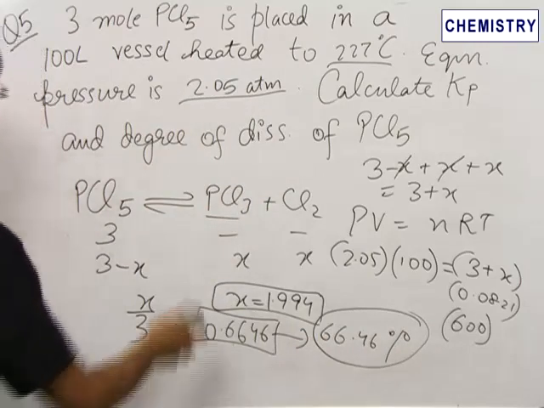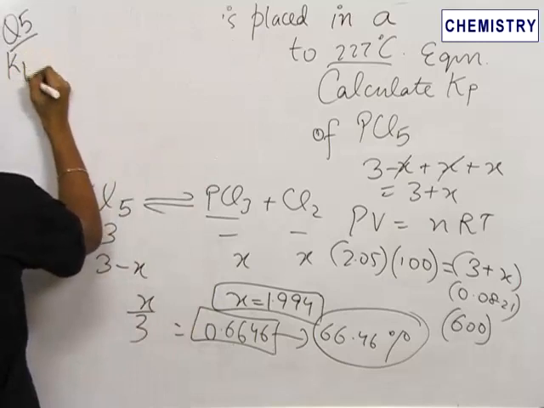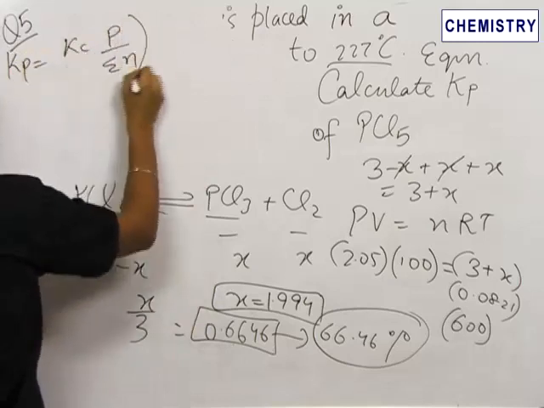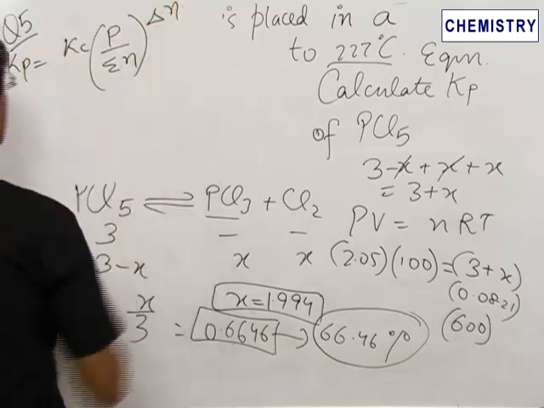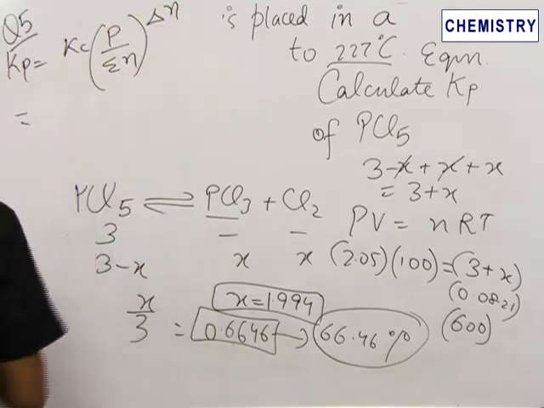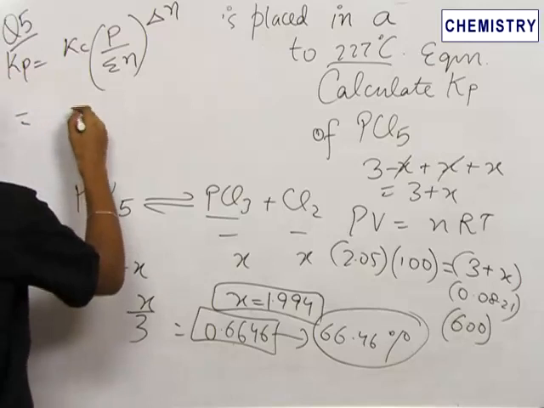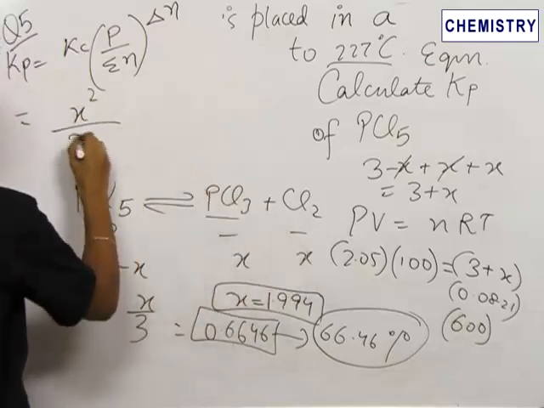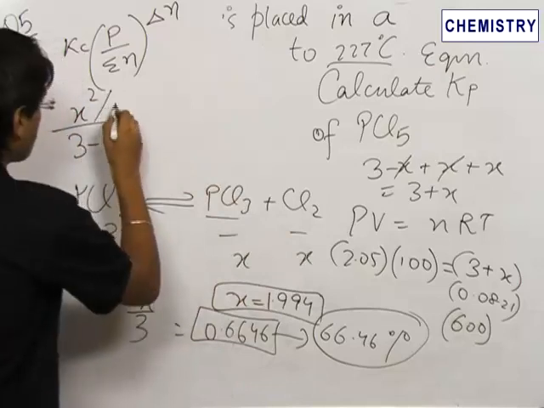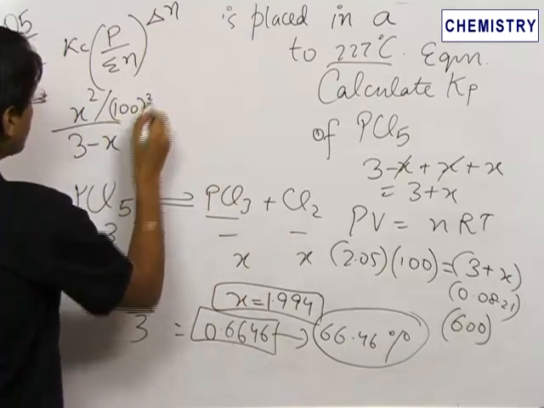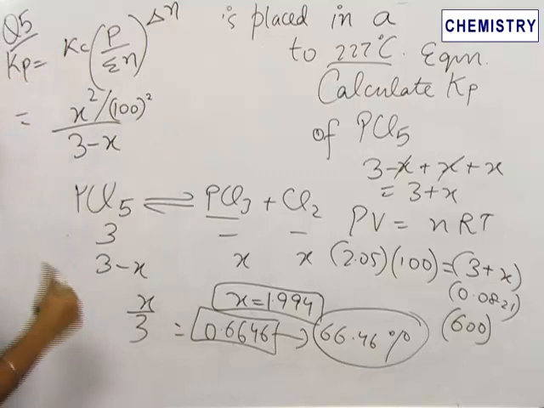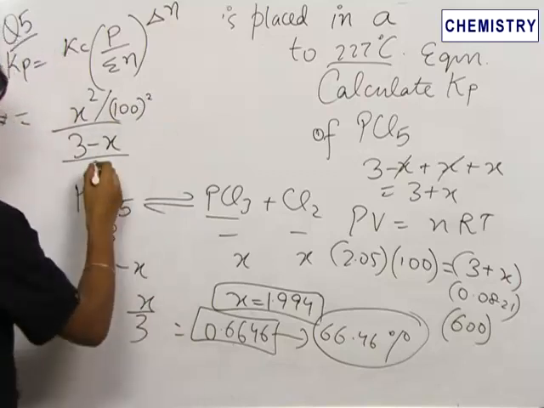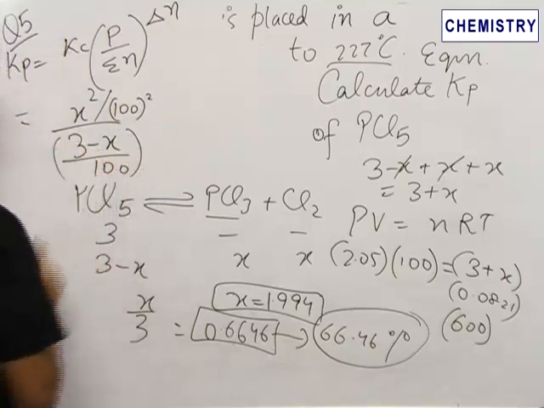Now for the Kp part, we know that Kp is equal to Kc into P upon sigma n raised to the power delta n. Now this Kc is equal to x into x, that is x square, upon 3 minus x divided by 100 square, since we have to include the volume also in the concentration, and this is equal to 3 minus x divided by 100.